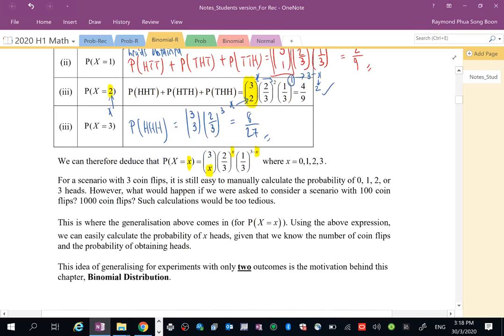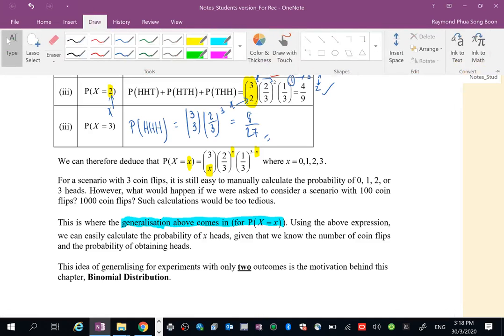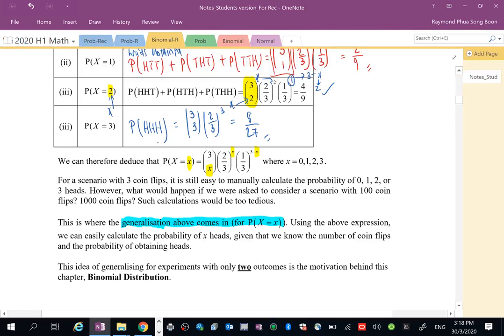So this is where we need to generalize the formula or expression for the probability that random variable X takes on a particular value small x.